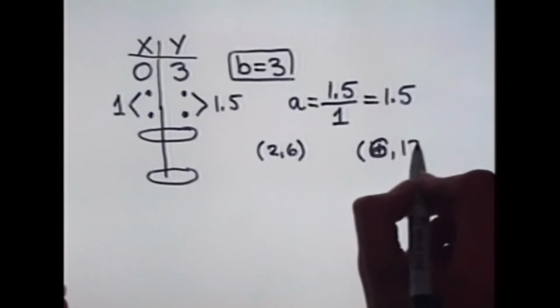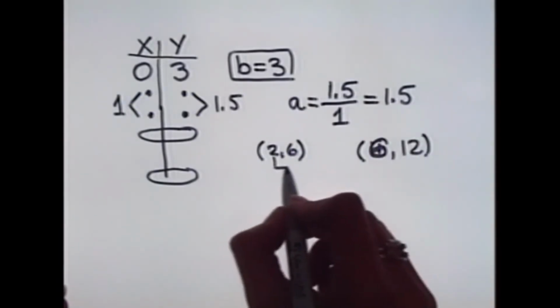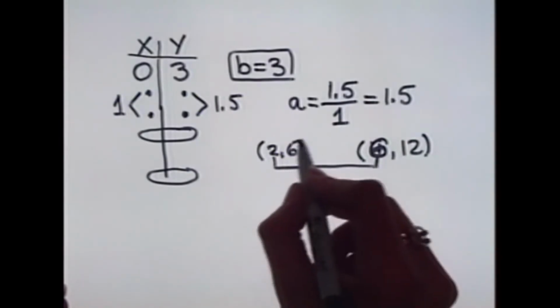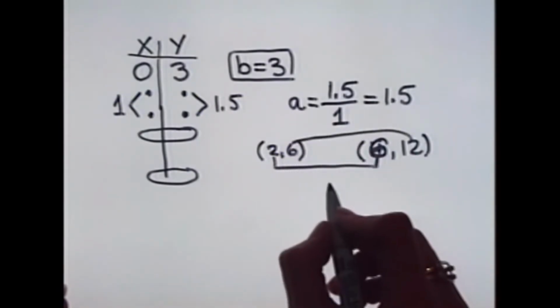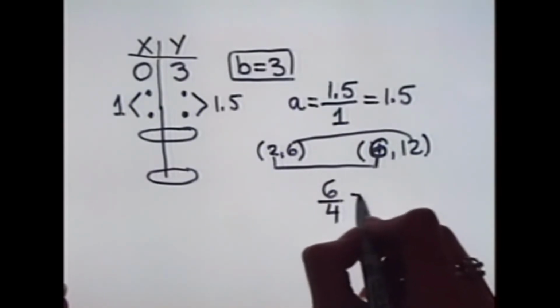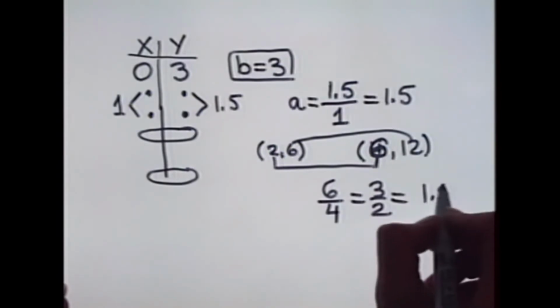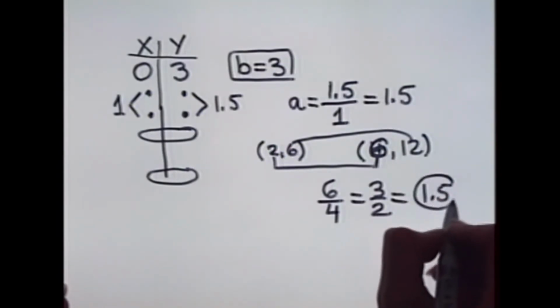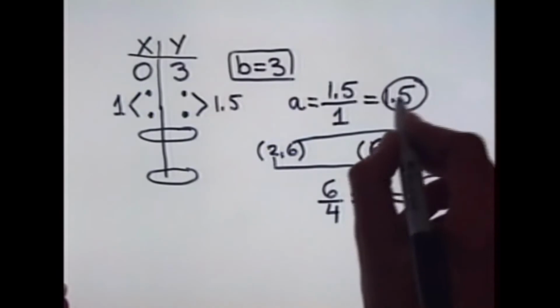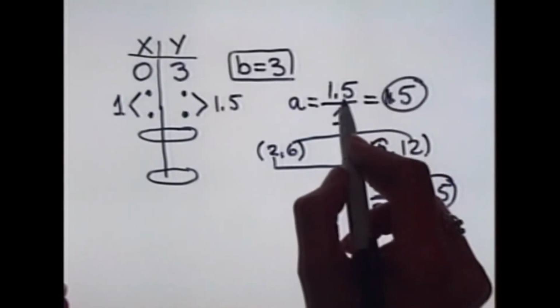How's that? Let's take those two. Well, the change in x is 4. The change in y is 6. So we have a slope of 6 to 4, but that's 3 to 2, and that's 1.5. So again, our A is 1.5 no matter what 2 points we take, two that are close together or two that are far apart.